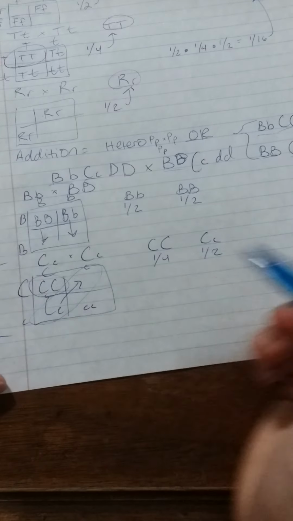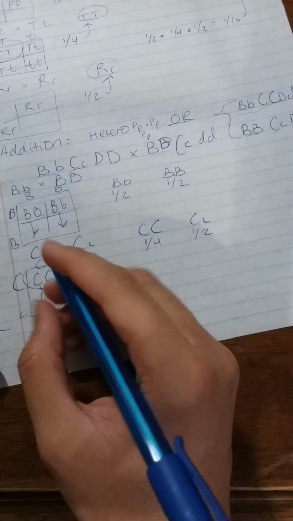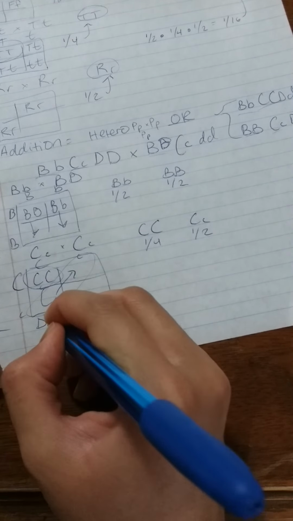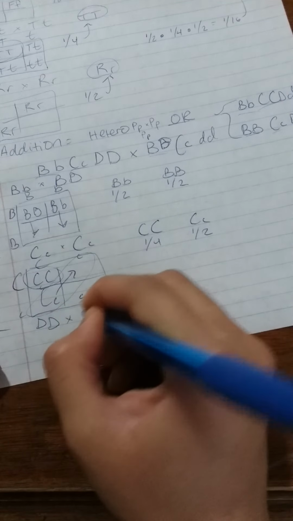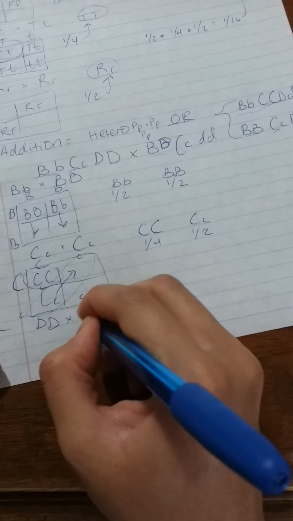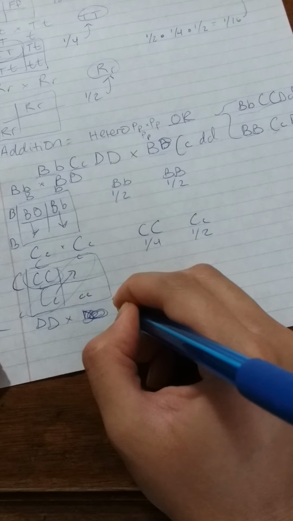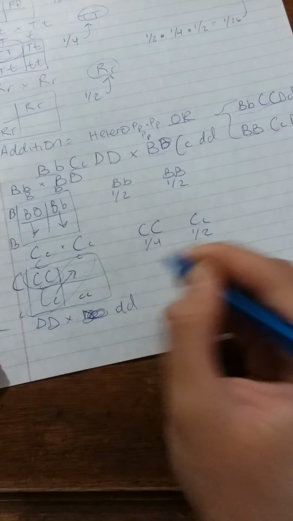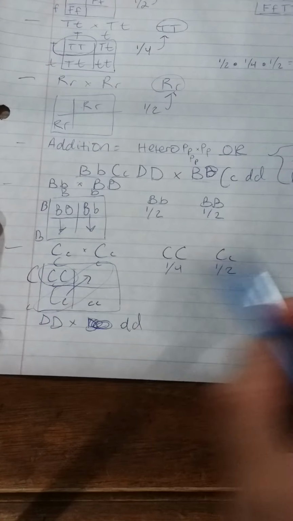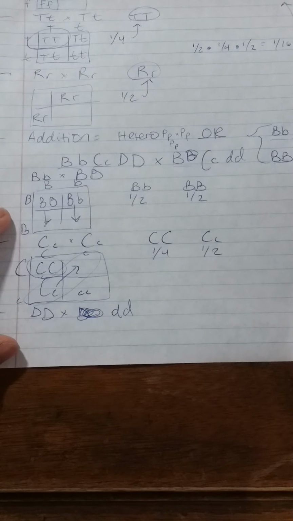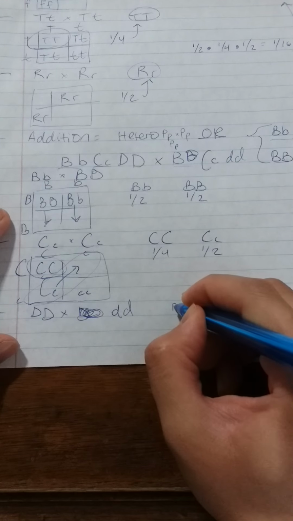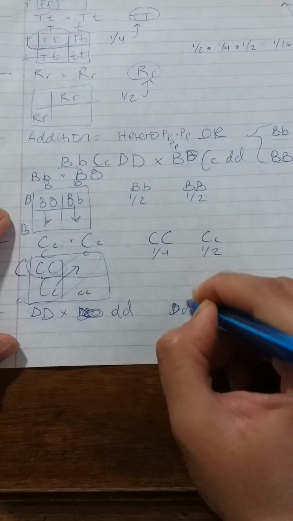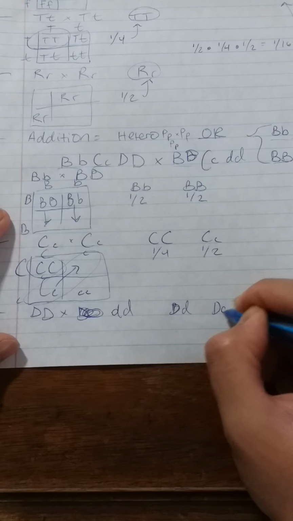Okay, now I'm going to move to our D. So we're going to have Dd times Dd. Oops, I apologize. It's supposed to be DD times dd, like that. Sorry about that, so that's our correct one. We're going to look for both cases, D, D, and big D, little d.